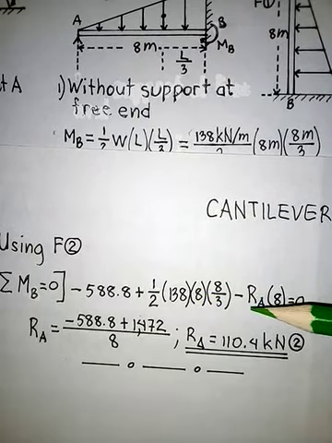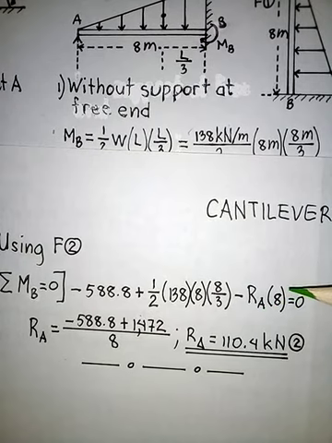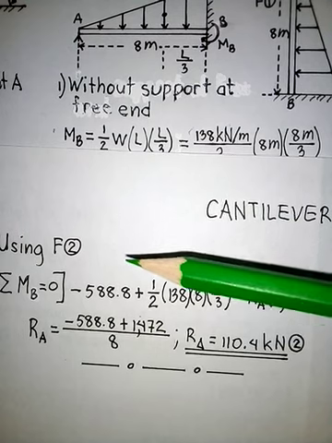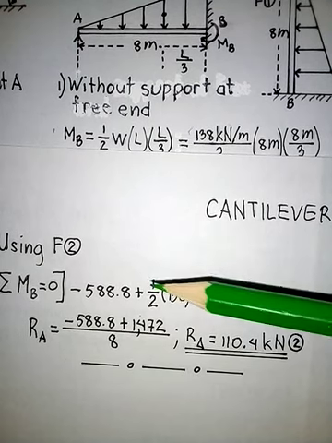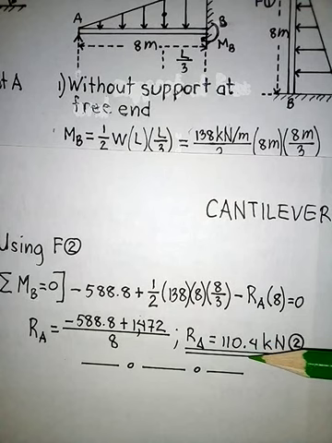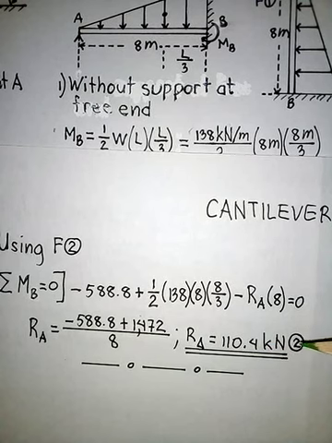And then minus the reaction at A, or the reaction at the pre-end, multiplied by the length of the beam, is equal to 0. So manipulating everything, we will get that the reaction at A is equal to 110.4 kilonewton.